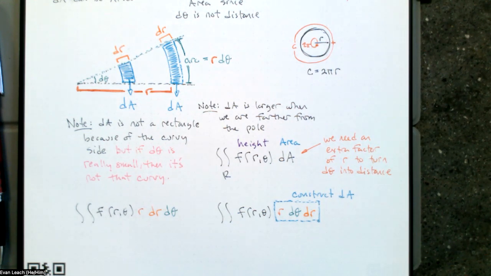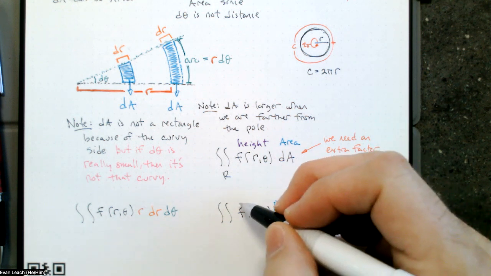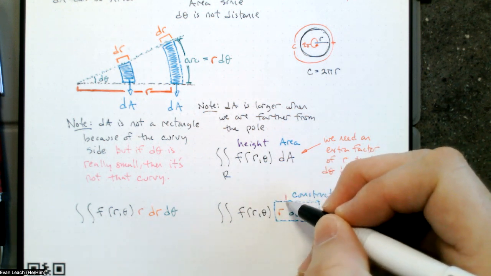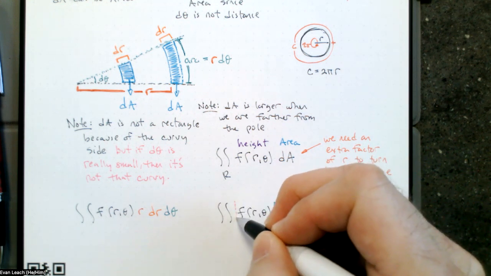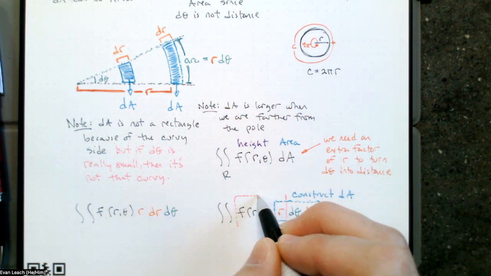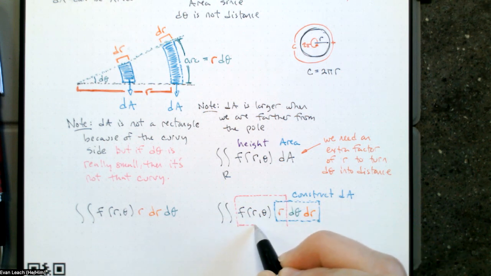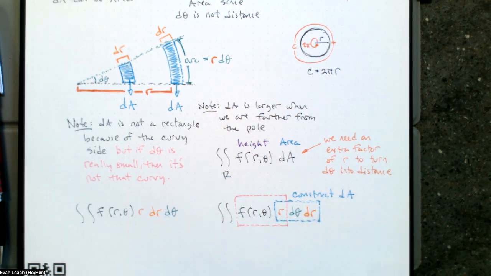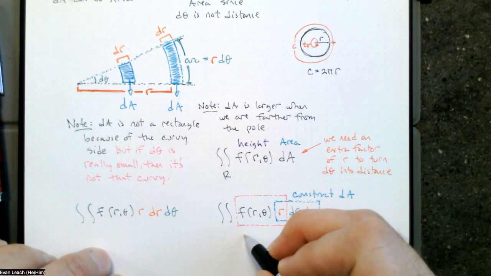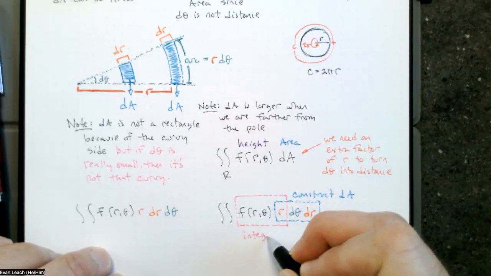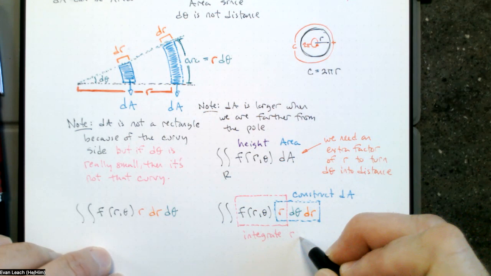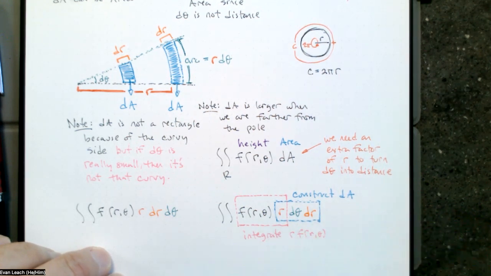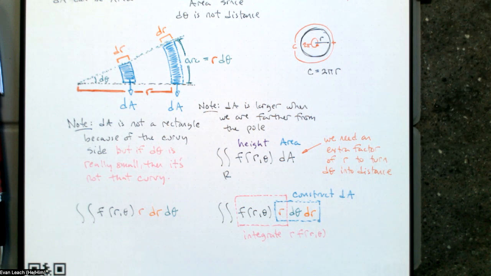The r is with the dA. It's part of what makes the area. But when we go to integrate, the function we're integrating is r times f of r theta. Not just integrating the function of r and theta, we're integrating r times f of r theta.